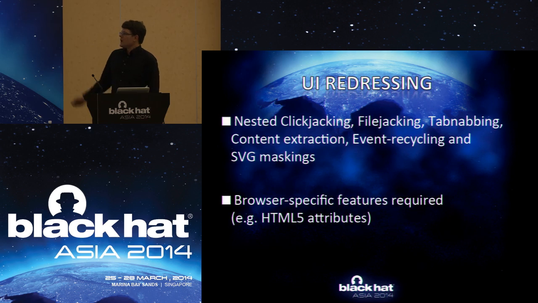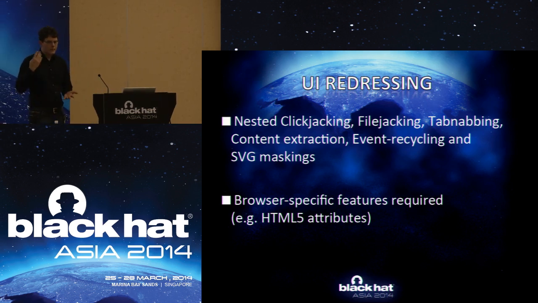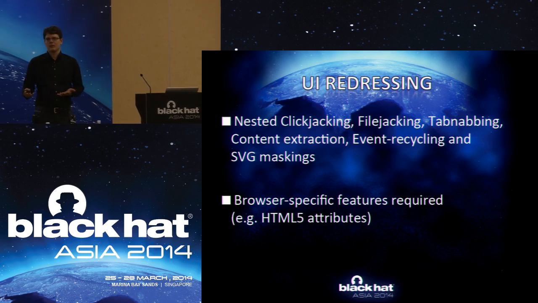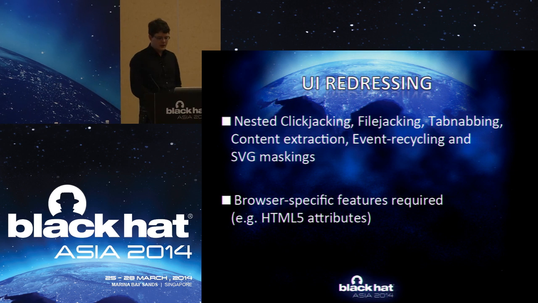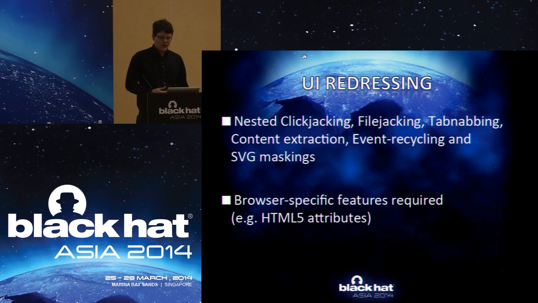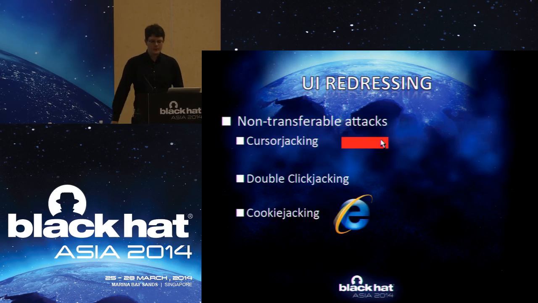What we can see here, there are some attacks which are using some browser-specific features, like some attributes, like the WebKit directory attribute, for example, in Chrome, which is necessary for file jacking, and tab jacking, which requires Firefox and so on. But all of these things are there. We have Chrome, we have Opera, and we have Firefox.